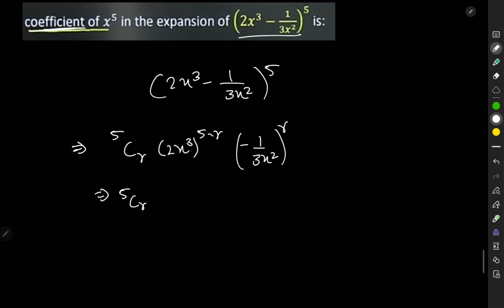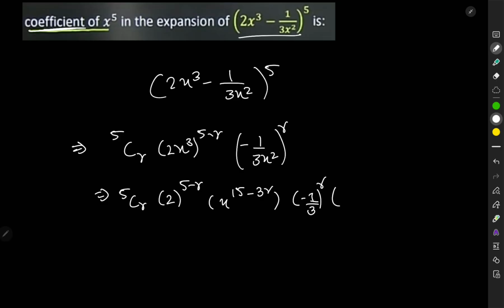Coming back here, write 2^(5−r) and x^(3(5−r)). Just multiply it, you will get x^(15−3r), and you will get (−1/3)^r.